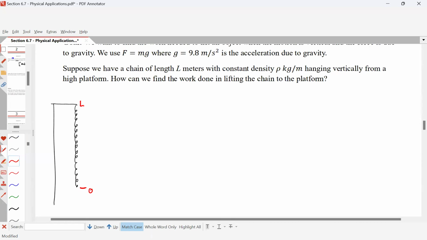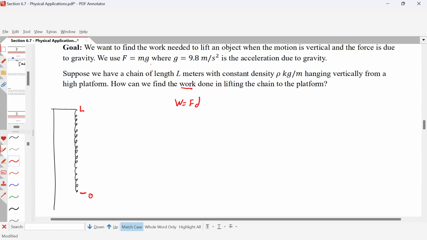We want to find the work done to pull the chain up. So we're finding work equals force times distance. And force is mass times gravity now. So work equals mass times gravity times some distance.